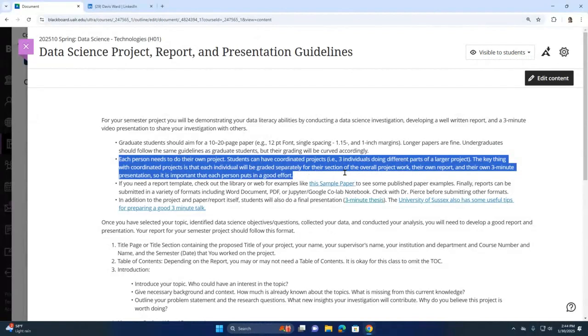It is okay to have coordinated projects, like 3 individuals doing different parts of a larger project. But the key thing is each person should be doing the same amount of work as an individual working alone. So you need to do your own report, your own 3-minute presentation, and you need to be putting in the same amount of time as somebody who's working alone.